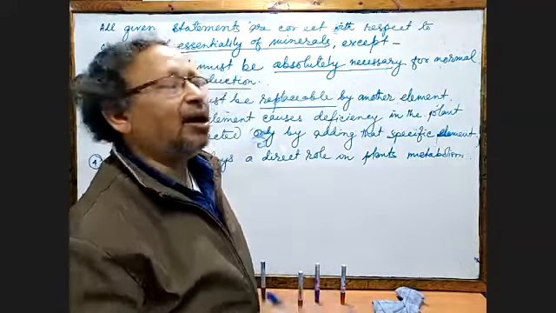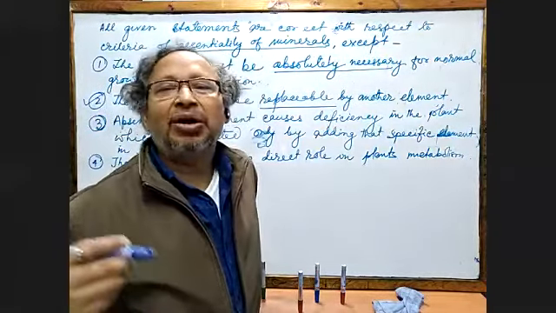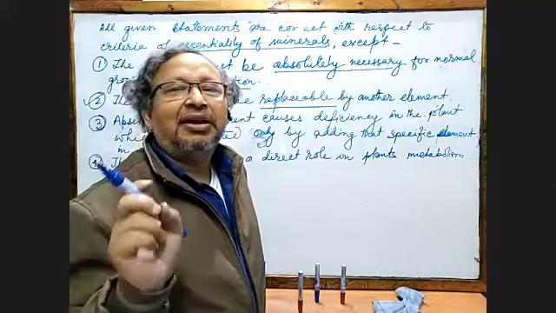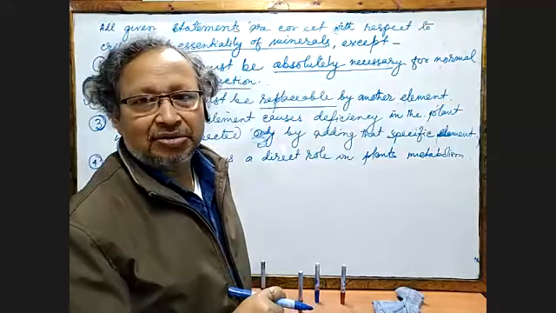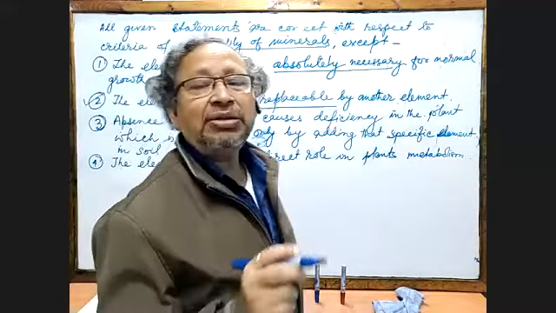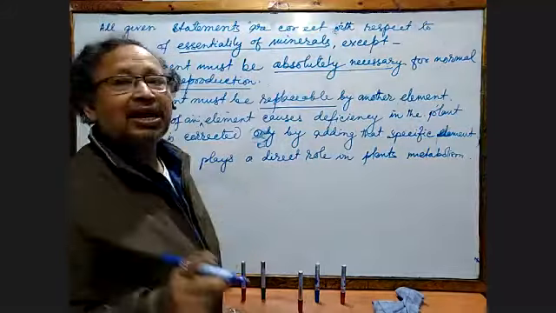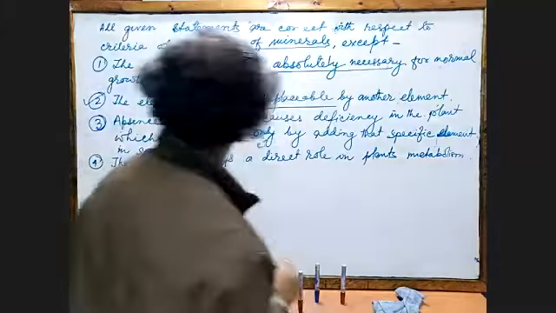By supplying other elements or other compounds or other hormones or other medicines, that deficiency, that abnormality cannot be cured. So the shortage of the essential element causes the deficiency diseases in plants.